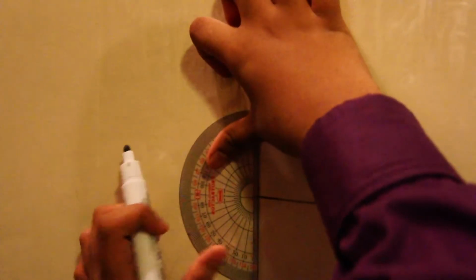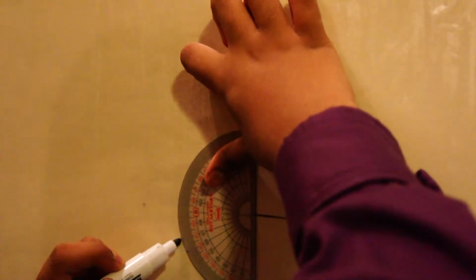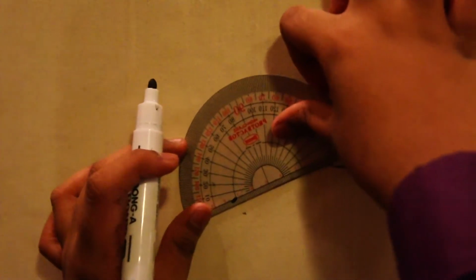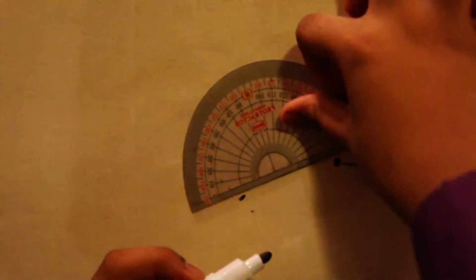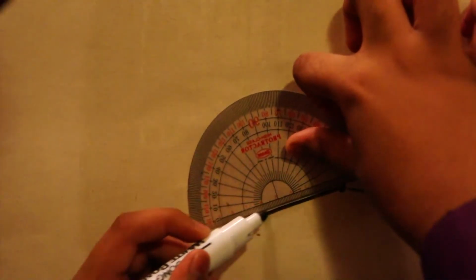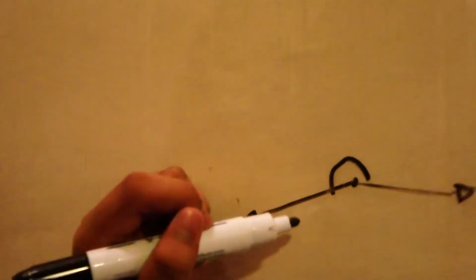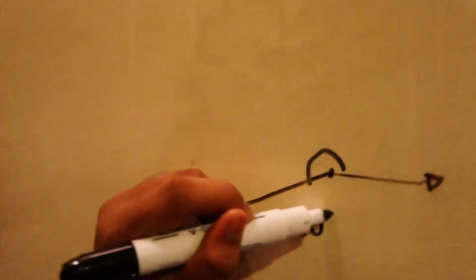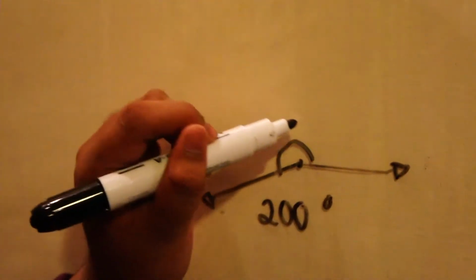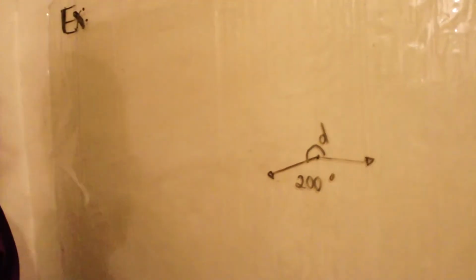Now, to measure a reflex angle, place the center mark of the protractor and then the terminal side is 200 degrees. Take note, the reflex angle has a measure greater than 180 degrees but less than 360 degrees.